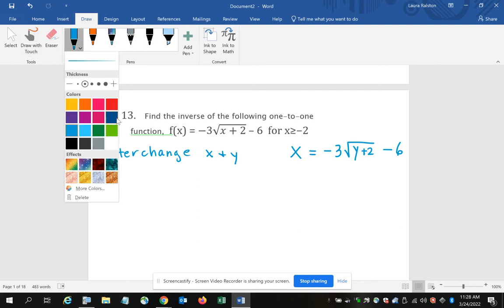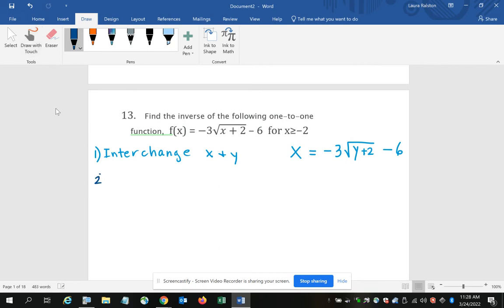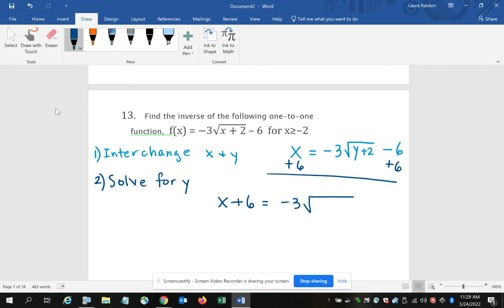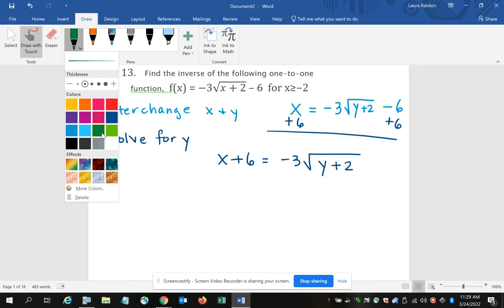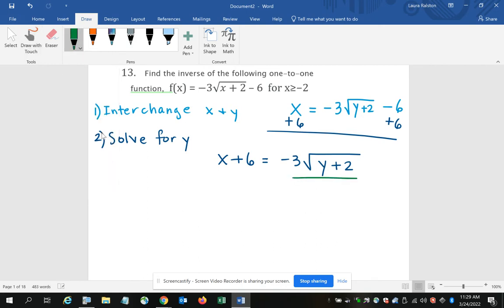Then the second step is to solve that equation for y. So the first thing I need to do would be to add 6 because I'm trying to isolate the y. So I have x plus 6 equals negative 3 times the square root of y plus 2. Because I'm trying to isolate the y, at that point I'm going to divide both sides by negative 3.